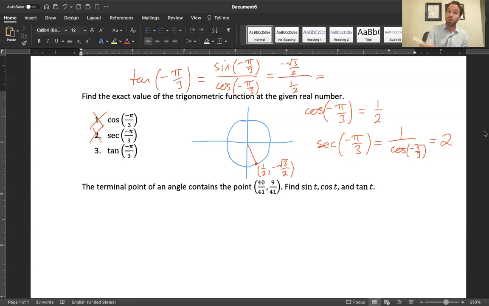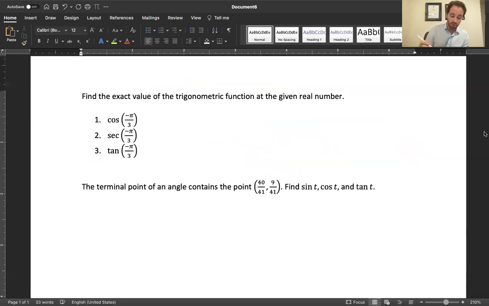This turns into reciprocal multiplication, keep change flip if you call it that, negative root 3 over 2 times 2 over 1. The 2's go away, and this ends up being negative root 3. So all 3 of these are taken care of, just with drawing that single diagram. If you had to do more than one position, draw a new diagram for each position to make it easier on yourself. Okay, one more question before we're done for today.